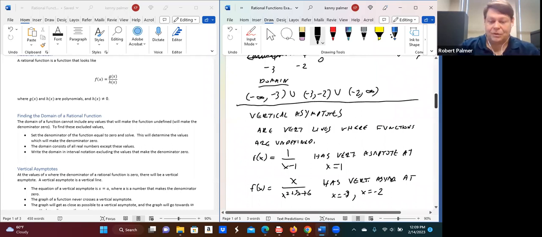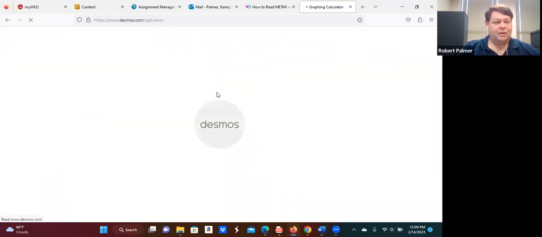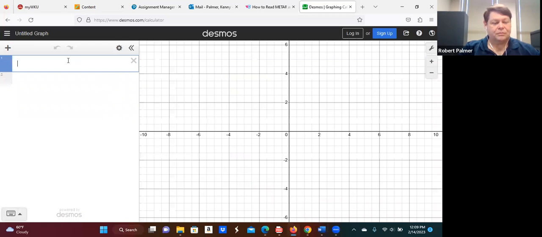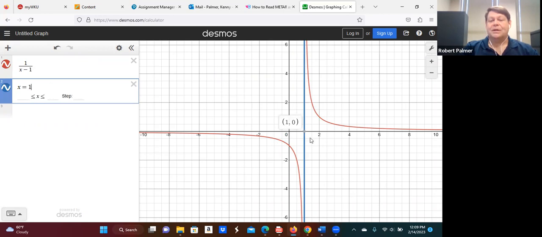Let's take a look at the graphs of these on Desmos. So we're going to Desmos, DESMOS.com. And if we graph the first one, 1 over x minus 1, you can see what happens here. But then if I graph the vertical line x equals 1, as we'll see, a graph can never cross a vertical asymptote.